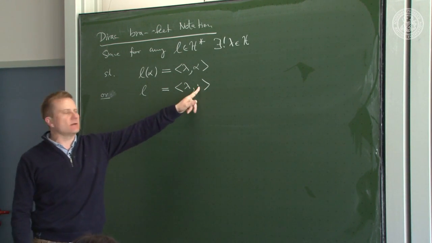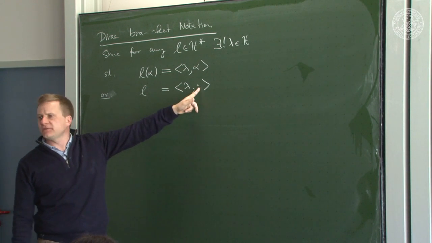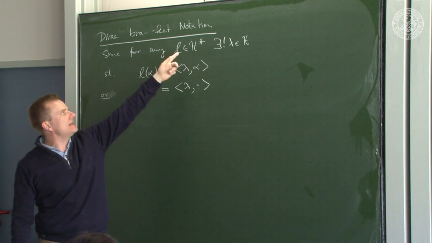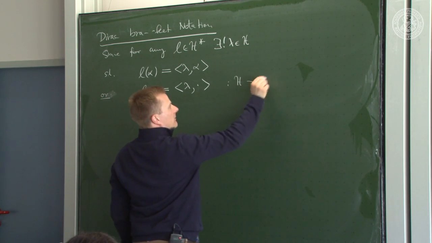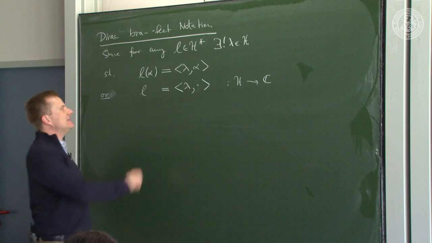So the L acting on something, you leave this slot open here too, you can plug in any element from H, right? So this is then a map from H to C because it can still eat something.